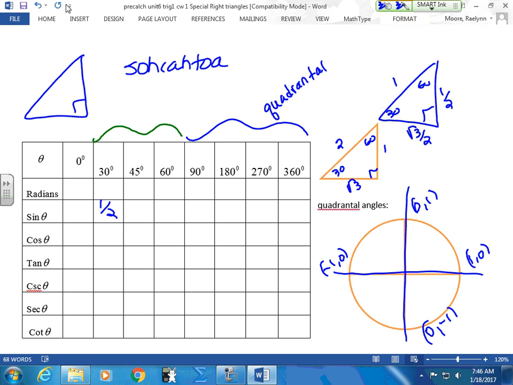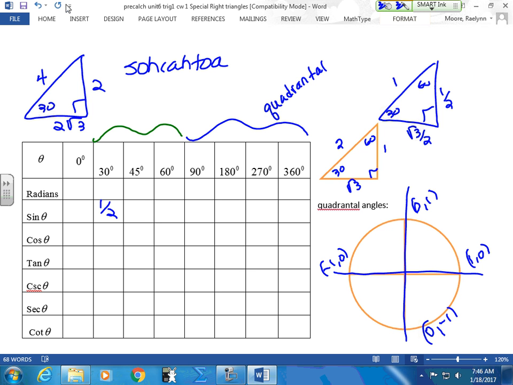If we did this, 2, what would the hypotenuse be? 4, what would this side be? 2 radical 3. So if I did the sine, opposite over hypotenuse, 2 over 4 reduces to what? 1/2. They're similar triangles. They're in proportion. So it doesn't matter what triangle you come up with. You're still going to get the sine of 30.